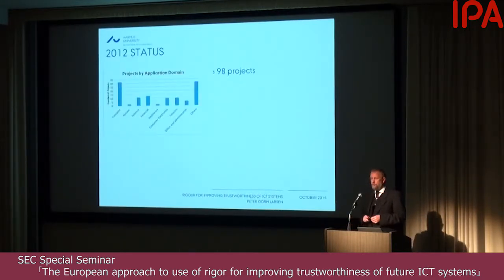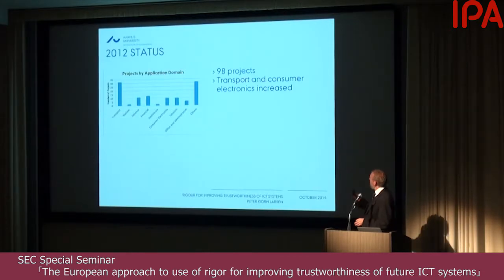If we look at the 2012 status, we now had 98 projects. They are distributed according to application domains like this. The main difference was that in the transport area and in the consumer electronics area, it has increased.